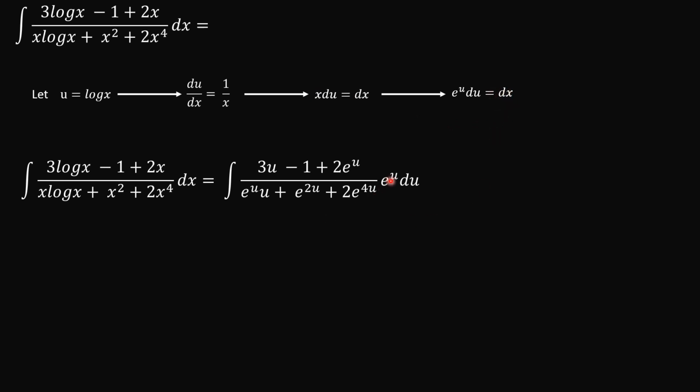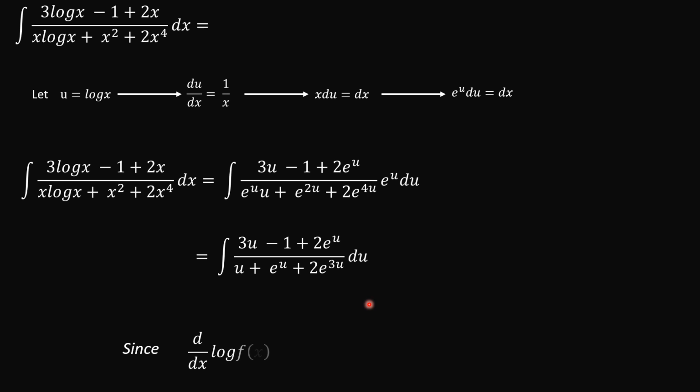Now this e to the power u can cancel out with one of the e to the power u's in the denominator, and so the expression now becomes 3u minus 1 plus 2 times e to the power u over u plus e to the power u plus 2 times e to the power 3u.